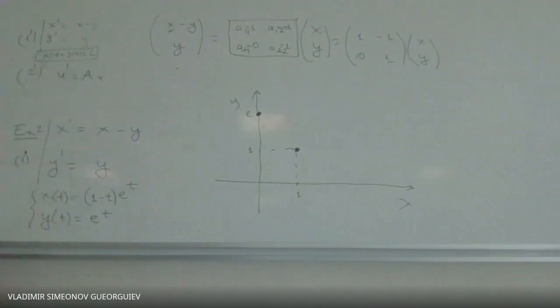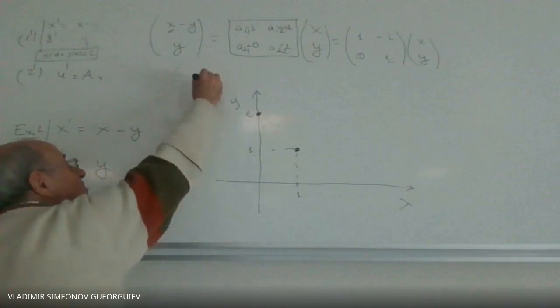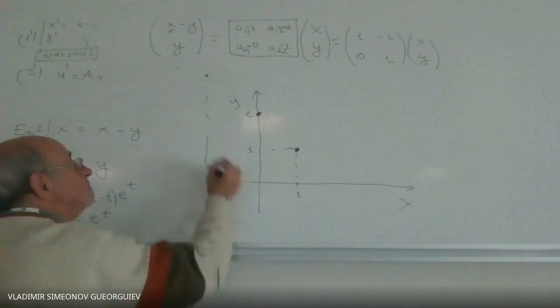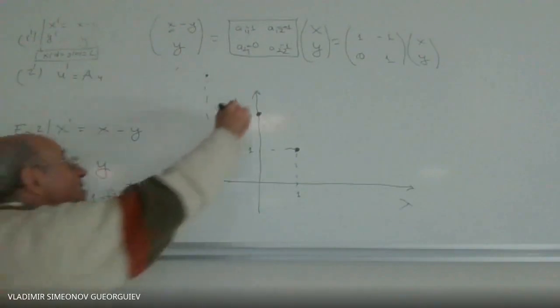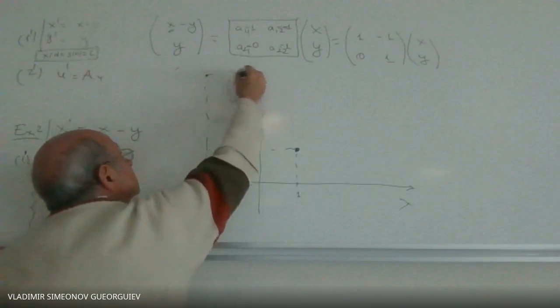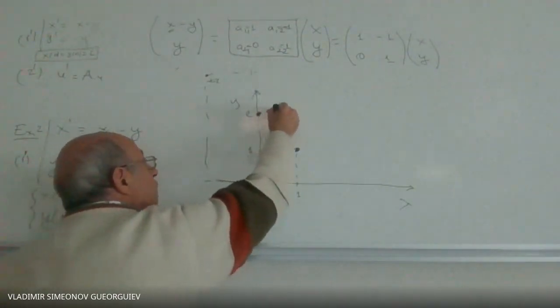Therefore, we shall have some point that formally is in this direction. What shall be epsilon? A to the power 2. So we have really point which is t equal 2. This is t equal 1.